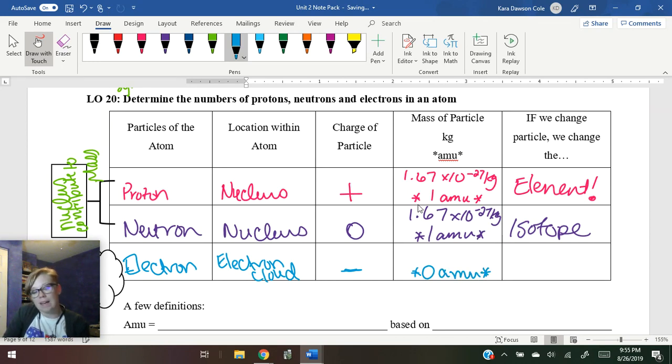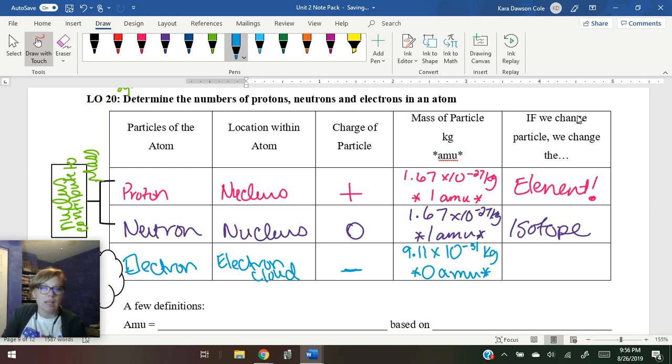And the reason he has 0 AMU is because his kilogram mass is very, very small when we compare it to the proton or the neutron. So the actual mass for the electron is 9.11 times 10 to the minus 31 kilograms. This is a much, much smaller number than the masses of the proton and the neutron.